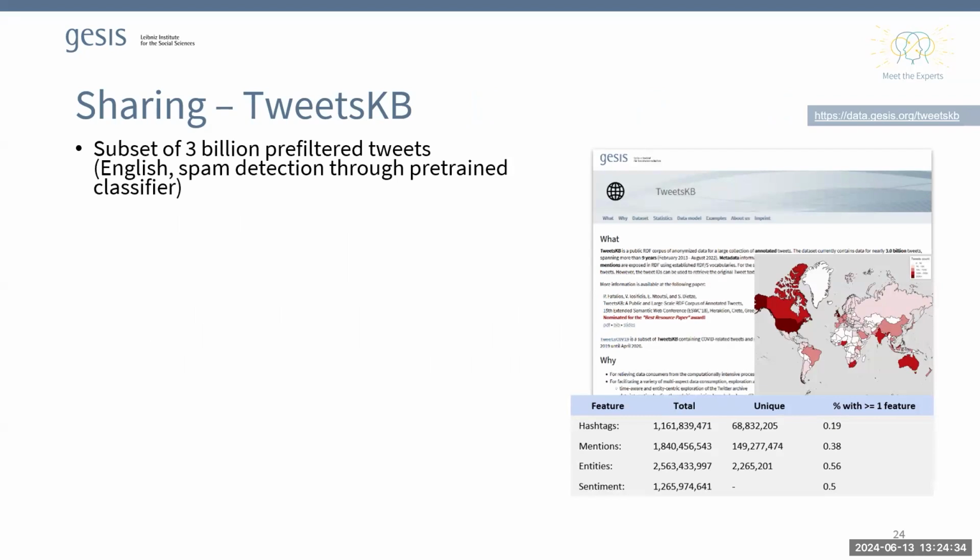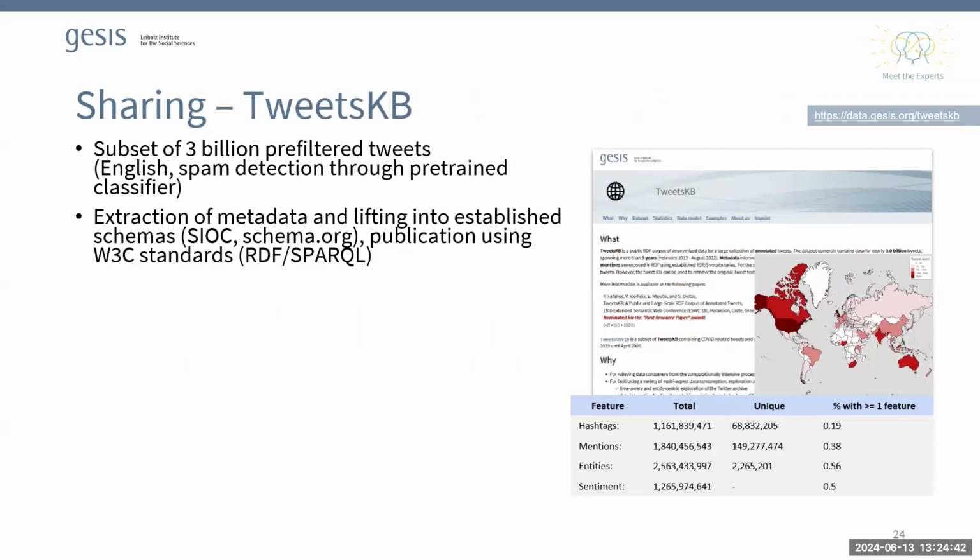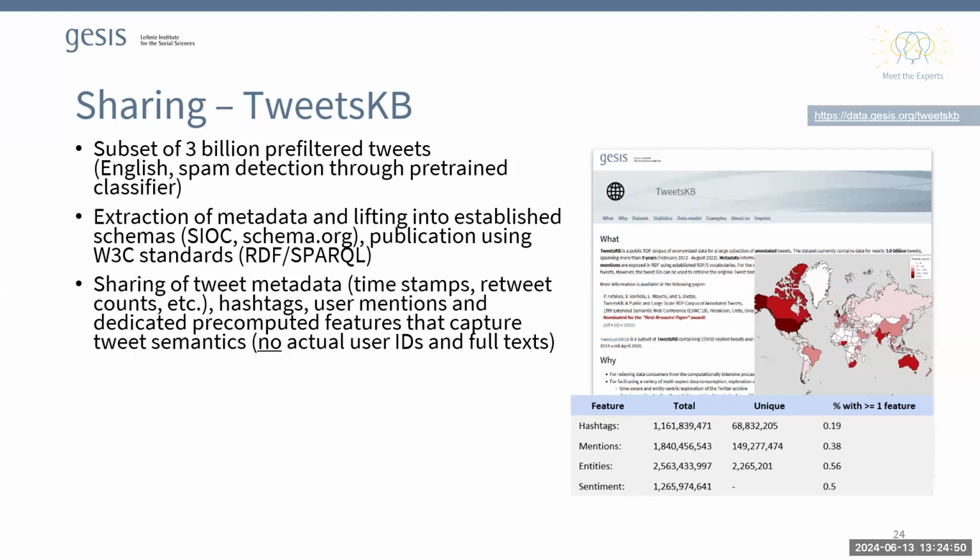As I said, it's a subset of the Twitter archive. It contains only English and spam filtered tweets, and it's published using some knowledge graph related standards, I would say. I don't think it's too important here.